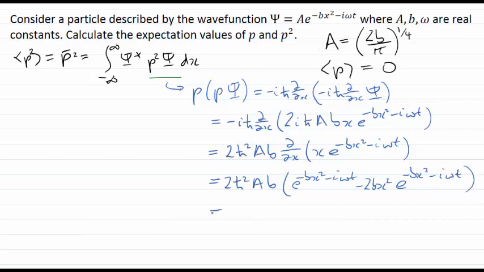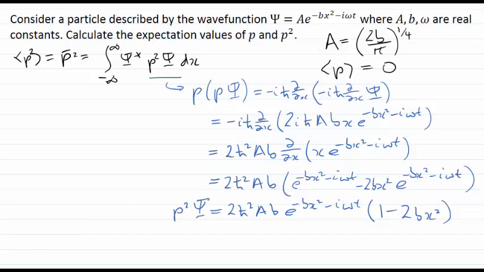To simplify further, we can pull out that factor of the exponential because it's common, so we get 2 h bar squared a b e to the minus bx squared minus i omega t all times 1 minus 2bx squared. So that's what we got when we have p squared acting on our wave function.